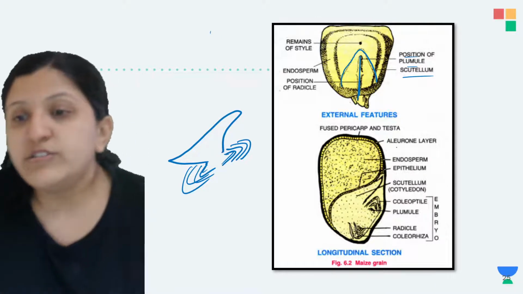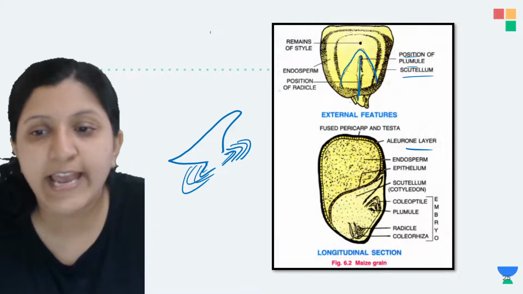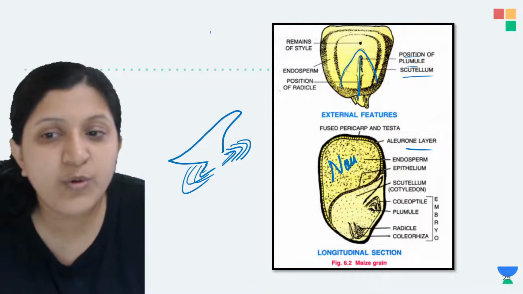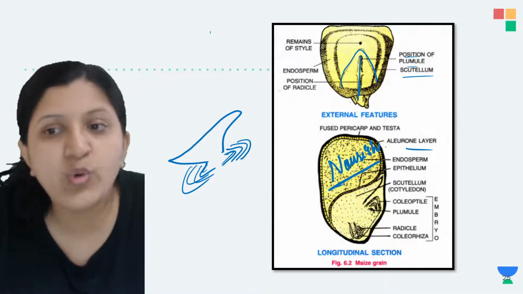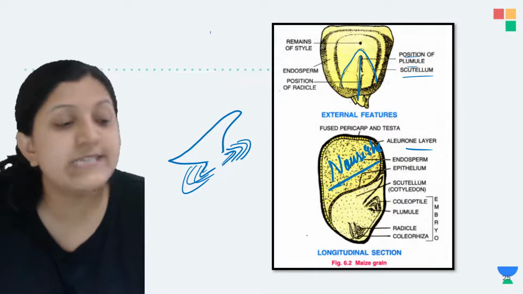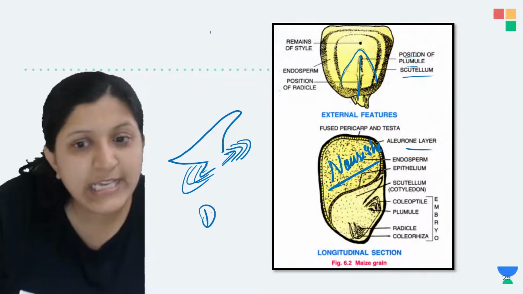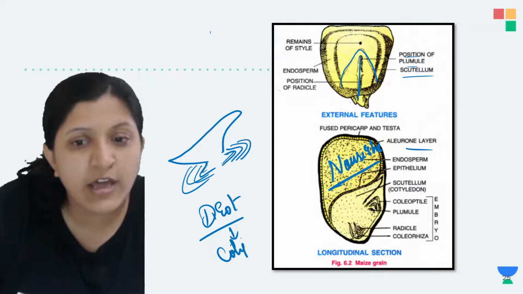Alright. Now the aleurone layer is basically a proteinaceous layer. This is the endosperm. In the case of monocots, the nourishment to the developing embryo is done by the endosperm. In the case of dicots, it is the cotyledon that does the nourishment.